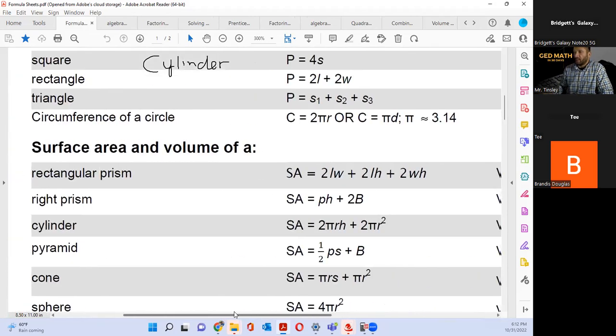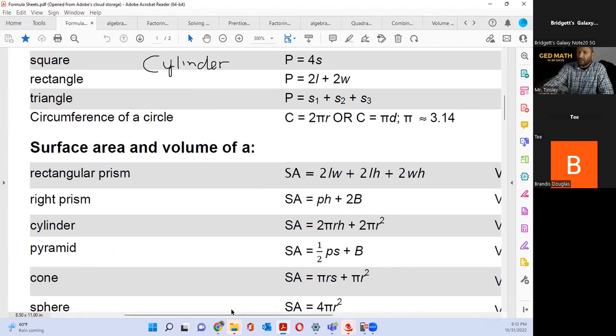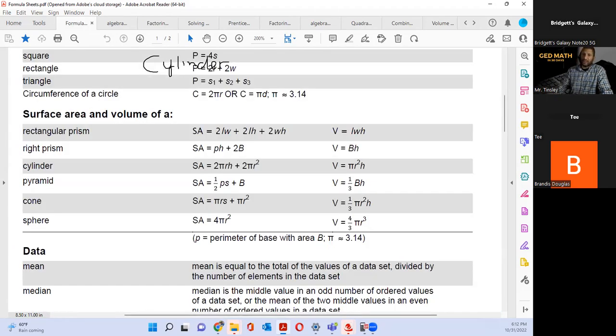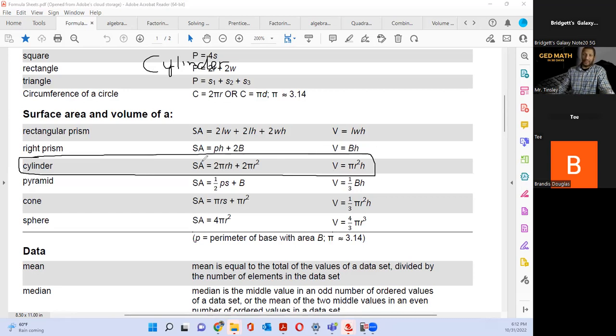So when we look at cylinder, I'm going to decrease it a little bit so we can see it. When we look at cylinder, we find that a cylinder is here. So SA is for surface area, but we want the volume, pi r squared h. So also that's another thing. Make sure you read it carefully. Sometimes they'll give you the word cylinder, but they might want the surface area.